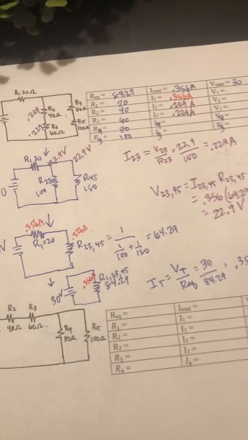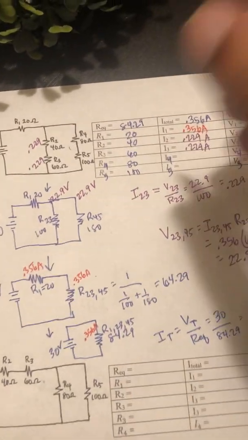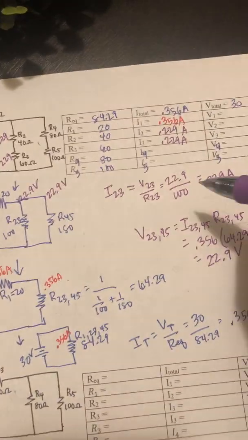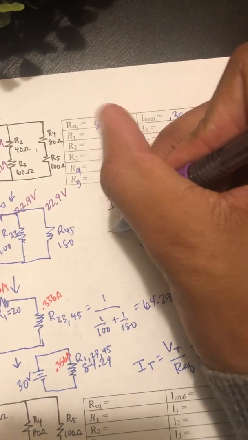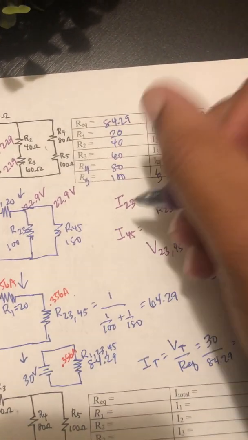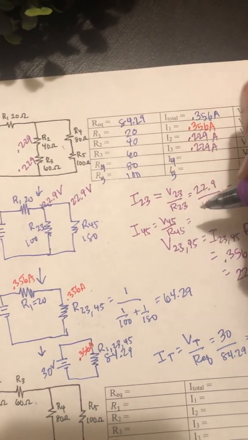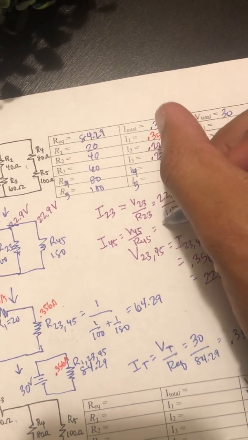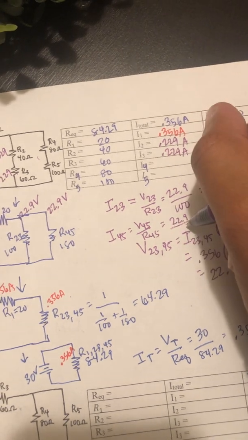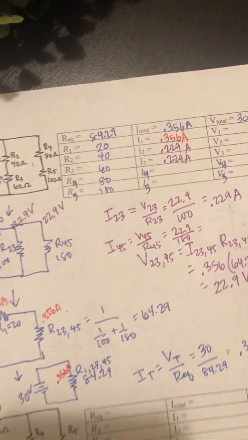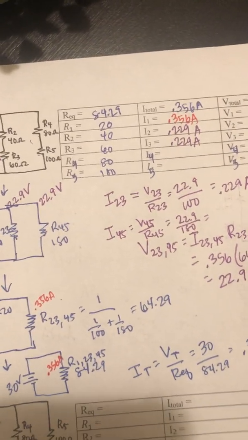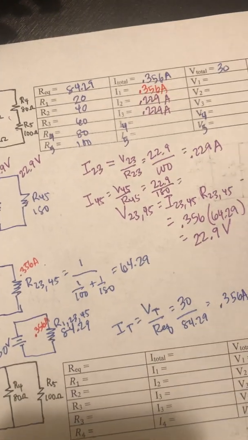I can do the same exact thing with 4 and 5. If I know the current here, I can find those two. So I45 is equal to V45 over R45, which is 22.9 divided by 180, which gives me 0.127.